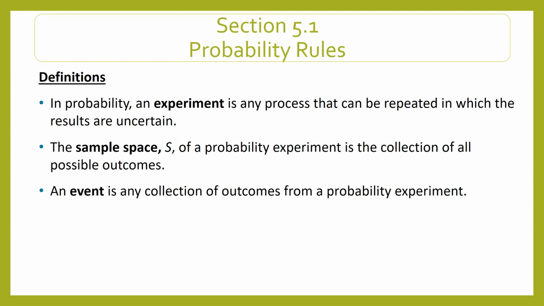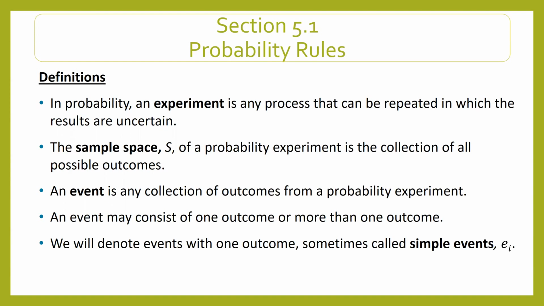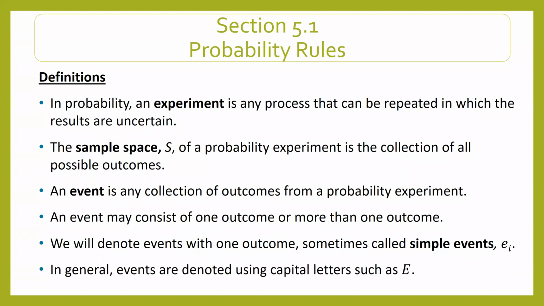This is any collection of outcomes from a probability experiment. An event may consist of one outcome or more than one outcome. We will denote an event with one outcome, sometimes called a simple event, with small e. But in general, we use capital E to denote an event.